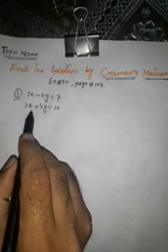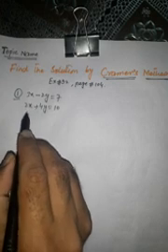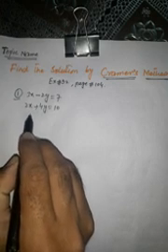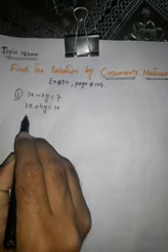In this Cramer's method, we have to convert the given system of equations into matrix form. So we write the system of equations in matrix form in this way.